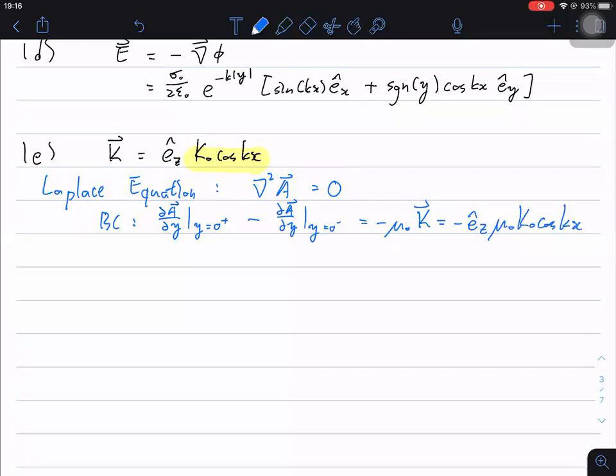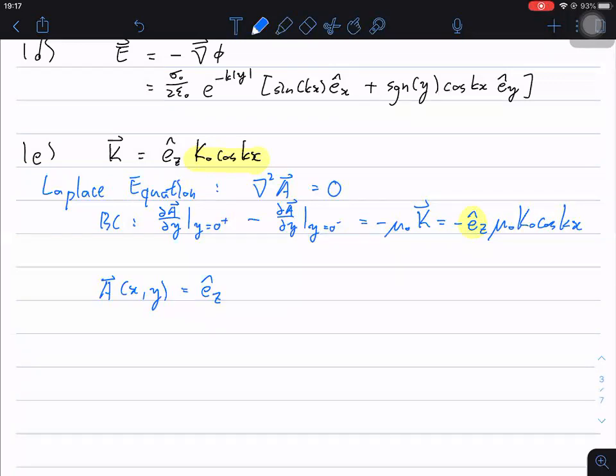Notice that the right-hand side is a vector and only contains a z component, which means the vector potential only contains a z component as well, because there is no x or y component on the right-hand side.